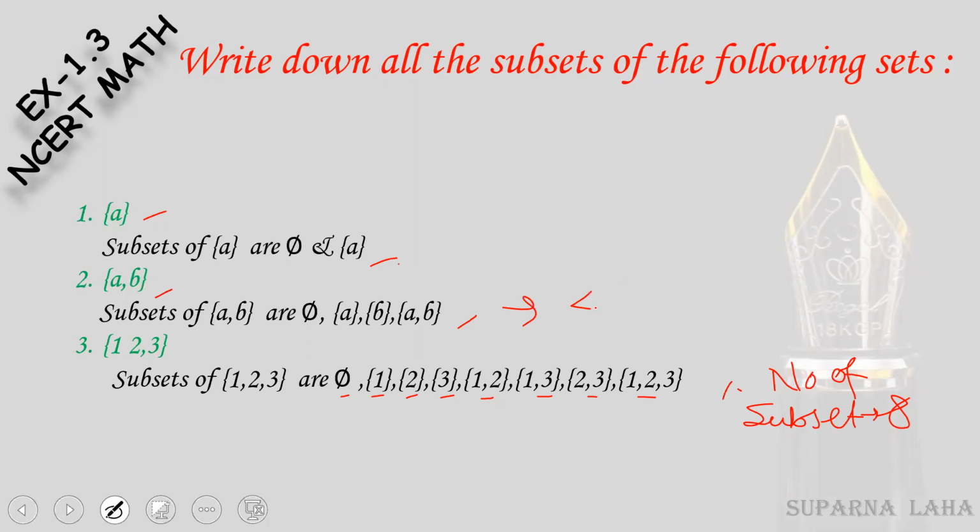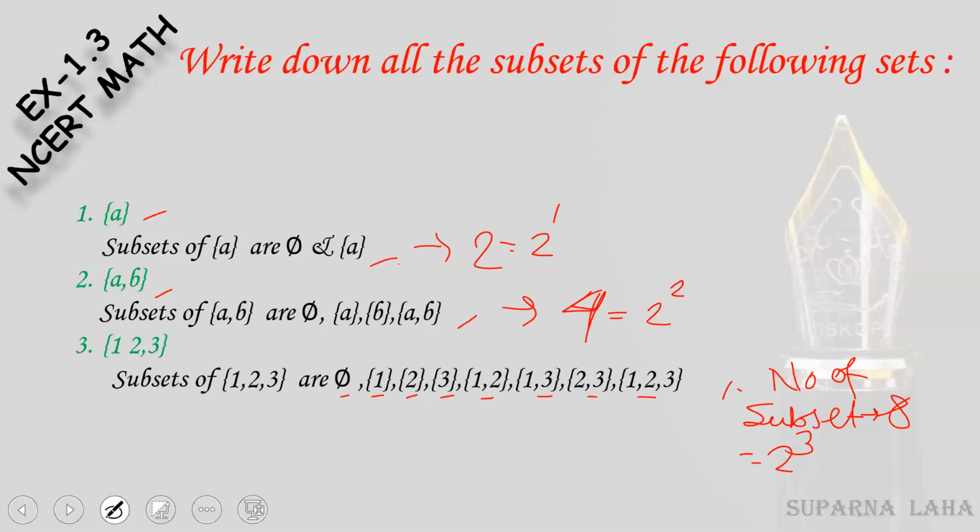Here the number is 4 and here the number is 2. So can we write this as 2 to the power 1 since one element, this is 2 to the power 2 for 2 elements, and this is 2 to the power 3 for 3 elements.